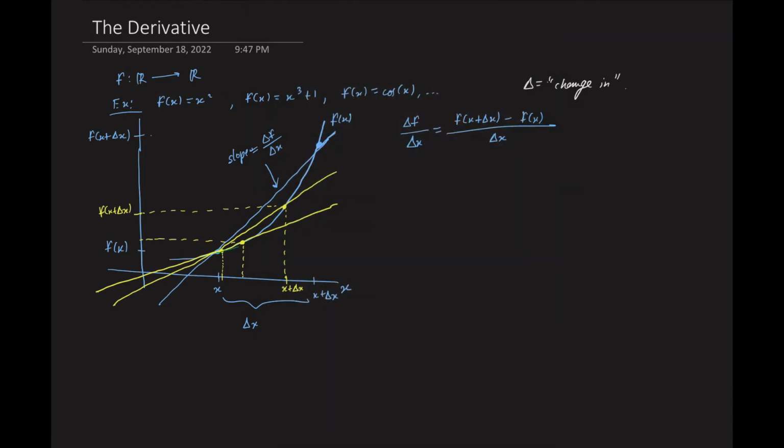So this line over here represents the tangent line to f at the point x.